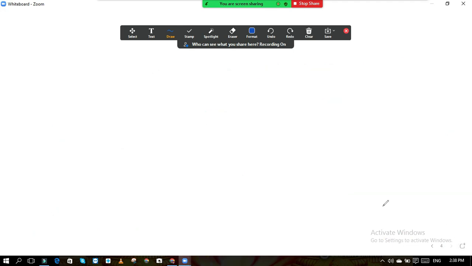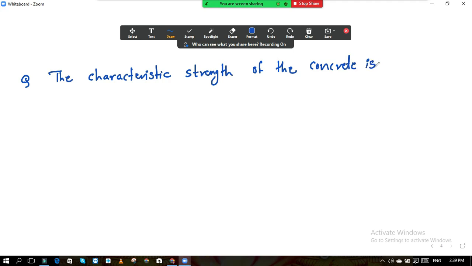Next question. The characteristic strength of the concrete is: option A, higher than the average cube strength.